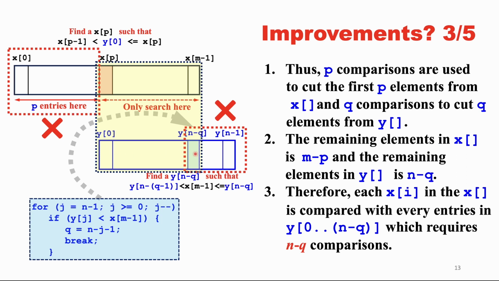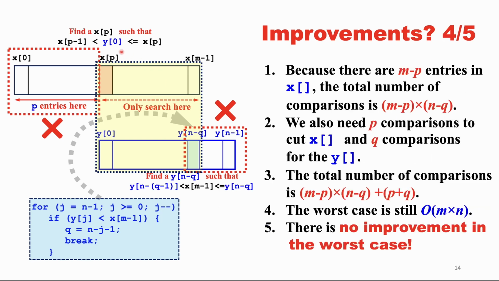So to compare here, we need n minus q comparisons. But here we have only m minus p elements. So the total number of comparisons would be m minus p times n minus q if we only compare this part.